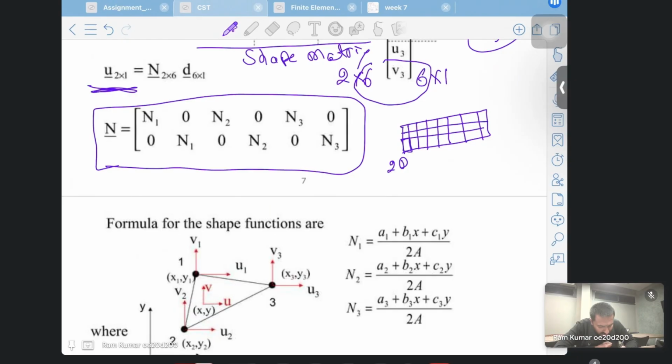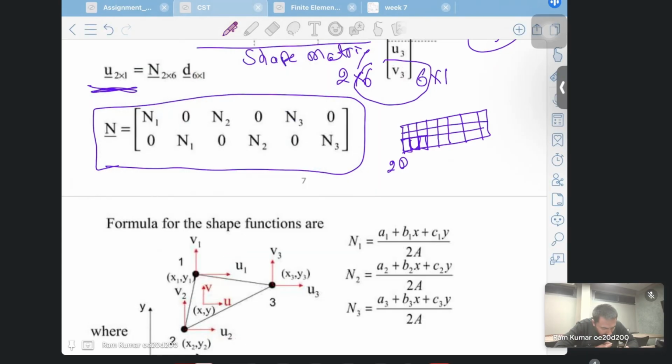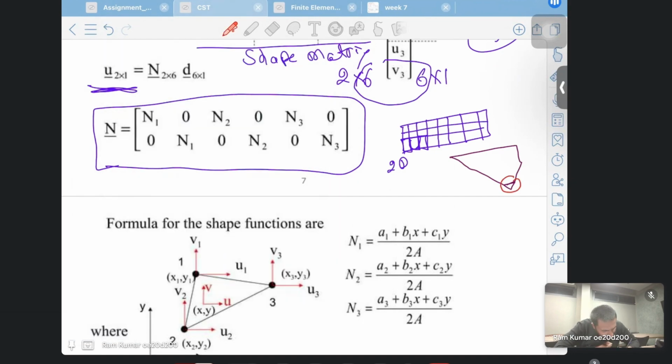But in some cases, like for example, we have this shape here. At this location, we cannot make a rectangle. So here we have to use only triangular elements. That's why we use different types of elements: rectangle, square, triangle. I think this is clear for you.